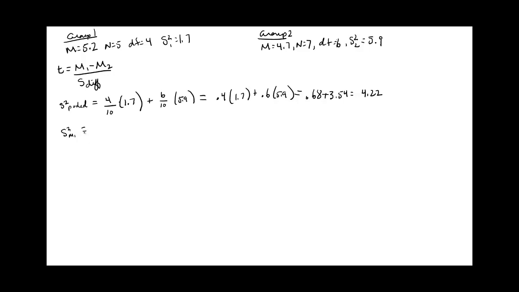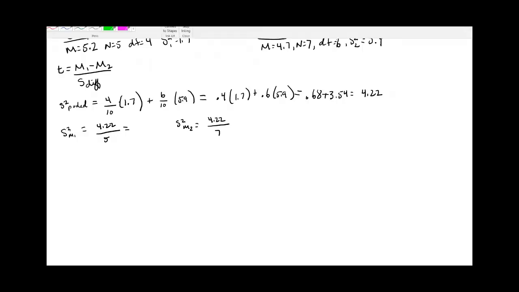So the estimated population variance of the distribution of means of group 1 is equal to the pooled variance for the groups that we found in the step above, 4.22, divided by the number in the sample, and group 1 has an n equal to 5. The estimated population variance of the distribution of means of group 2 is equal to the same pooled variance, 4.22, divided by the number in that sample. And that sample had 7 people in it. Do a little bit of math and we can get the answer.